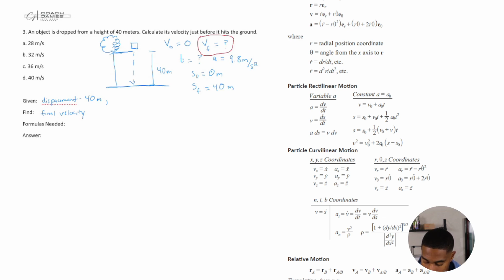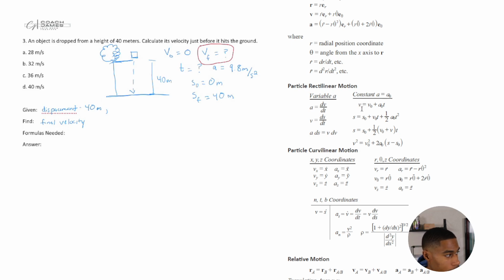All right, so out of our equations, how do we get V final? Do we have final velocity? No. Do we have initial velocity? Yes. Do we have an acceleration? Yes. Do we have time? No. So there's 2 unknowns here. Next one. Do we have S final? Yes. Do we have S initial? Yes.